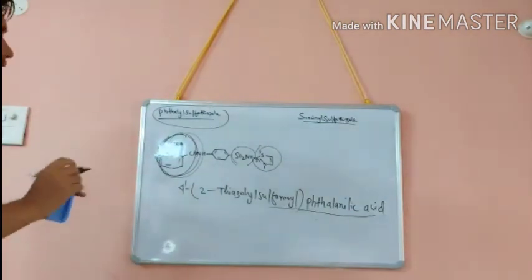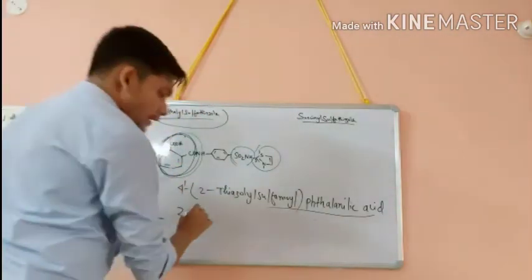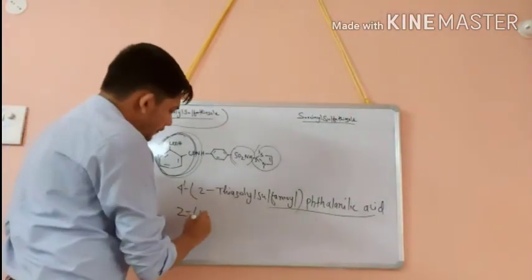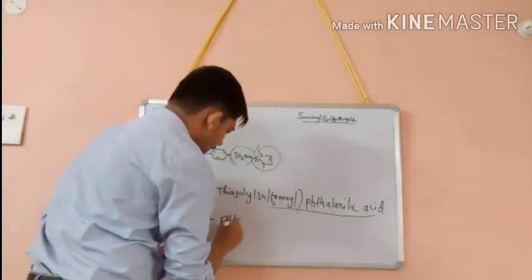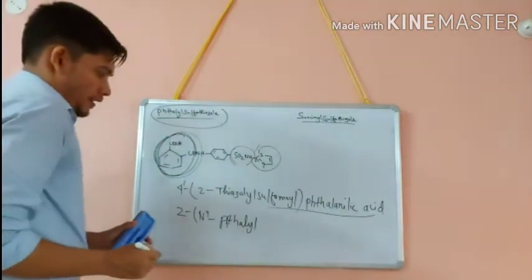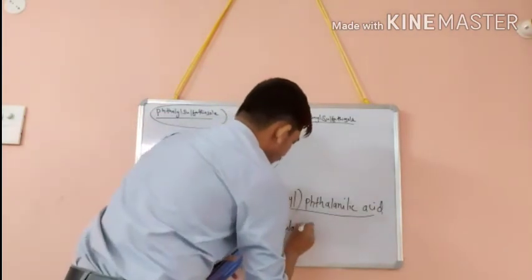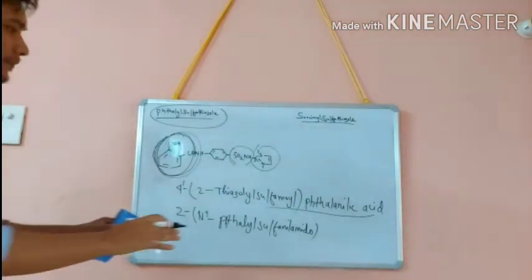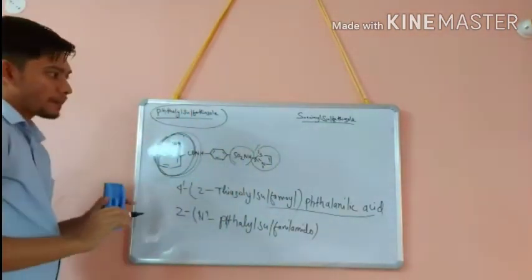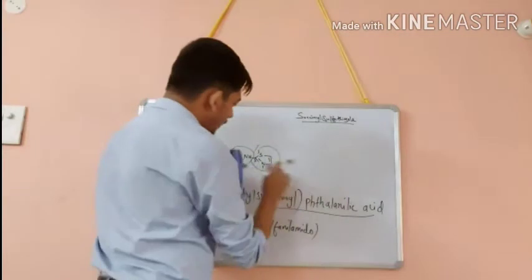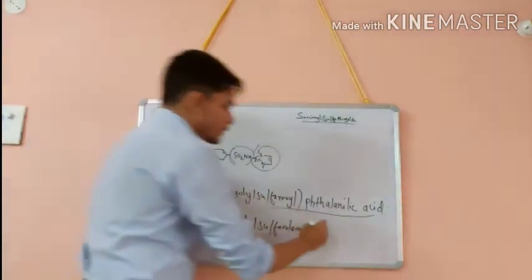Can we name it in another way? If you write N4-phthalylsulfanilamido, here we are considering this thiazole as the prime moiety, the basic moiety, and we end the name with thiazole.